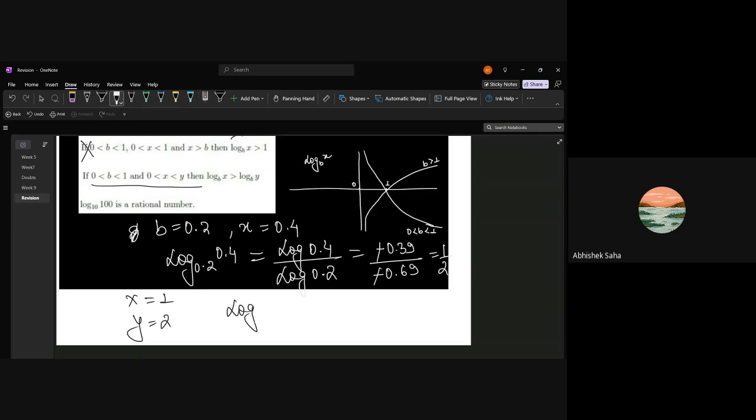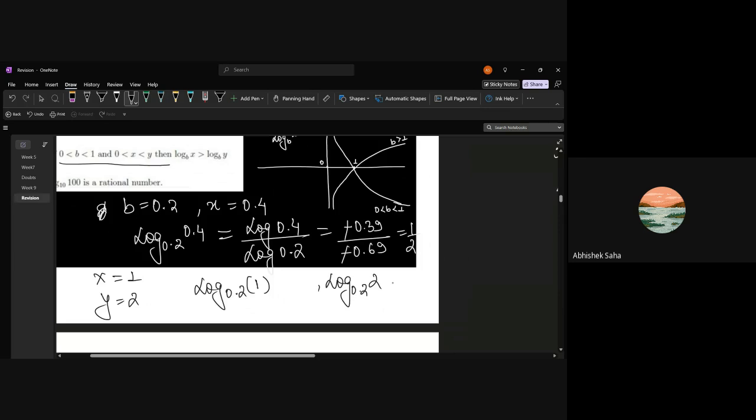Take any value, suppose 0.5, or maybe let's take 0.2. We have found the value 0.2, right? So 0.2, this is for x and this is for y, 2. So it is giving 0, and it is giving what?